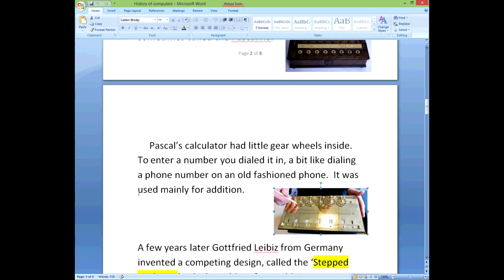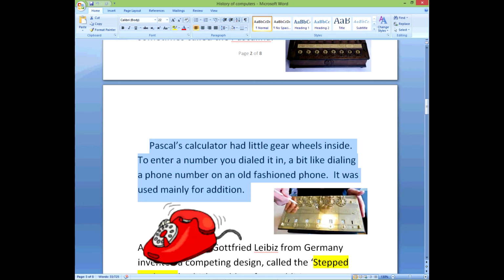This one is metal. I remember in those days there weren't as many stores. You couldn't just walk into a store and buy what you wanted. Anything you wanted, you had to hire somebody to make it for you. So Pascal's calculator had little gear wheels inside. To enter a number, you dial it in, a bit like dialing an old phone. And remember the old rotary phones?